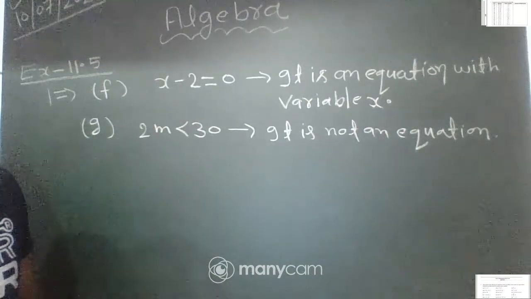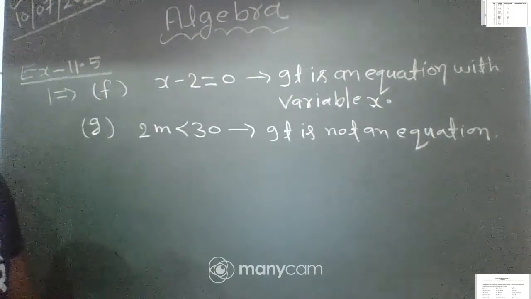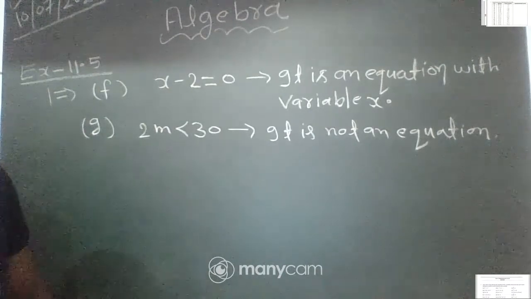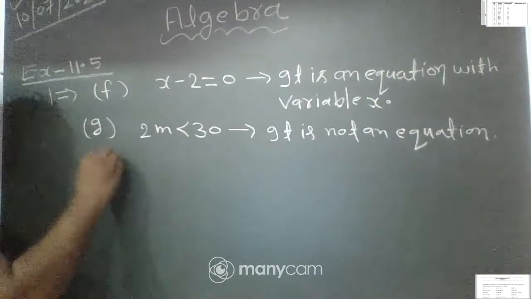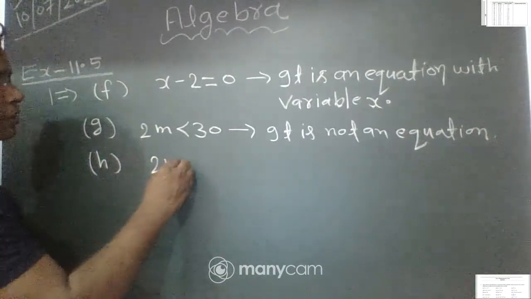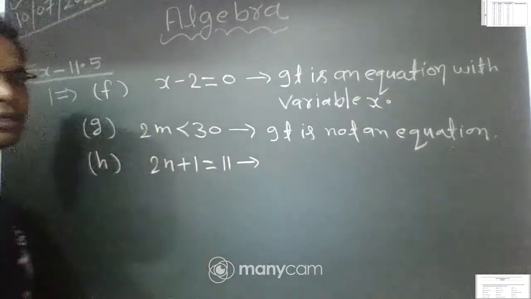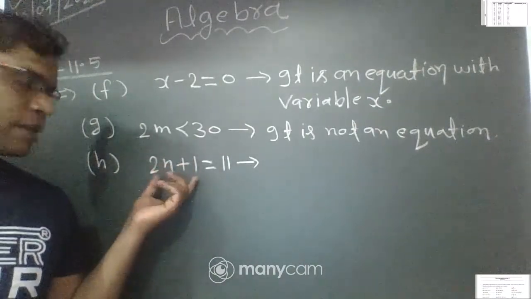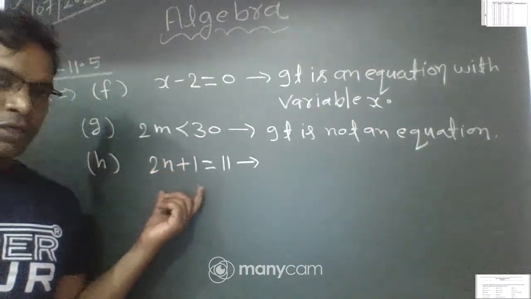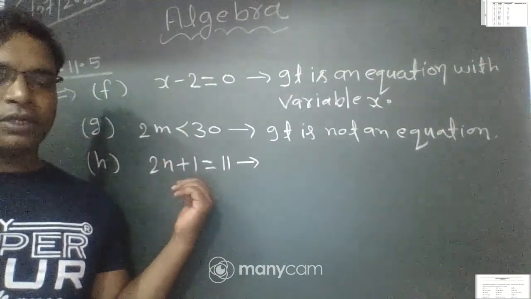Now H part is 2n plus 1 is equal to 11. So basically we can see in this part H, the left hand side is equal to the right hand side. So what is this?